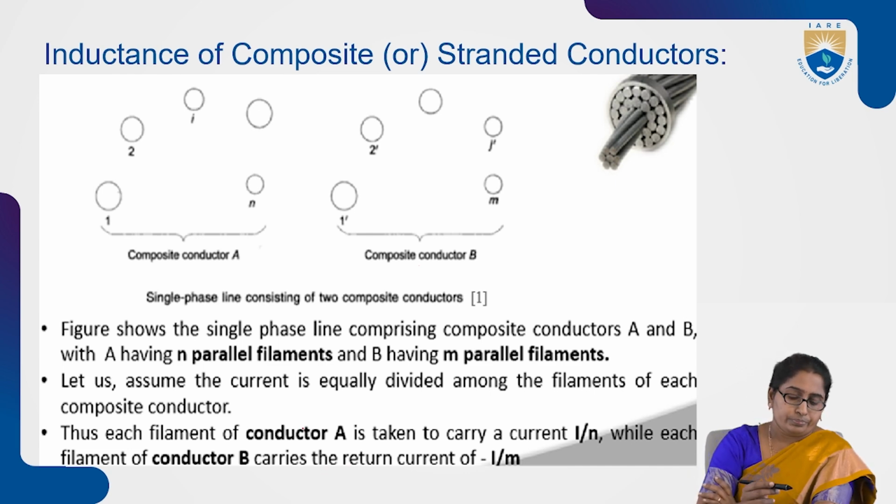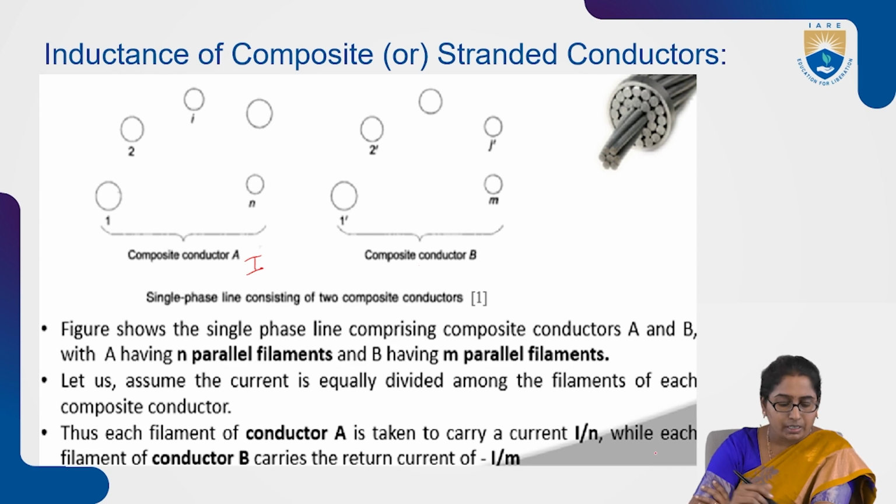So the current is equally divided. If we say the current in conductor A is I, the total I is equally divided among the total n number of strands, or filaments. That's what the next point is talking about. Each filament of conductor A is carrying a current of I by n. So if the total current is I and there are n conductor strands, then the current in each strand is I by n.